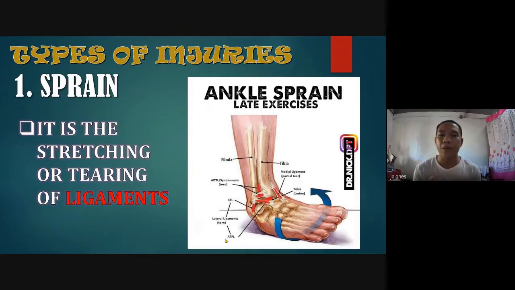So sprain is the term when the injury is to the ligaments. Remember the highlighted word, ligaments. It is for the sprain injuries.